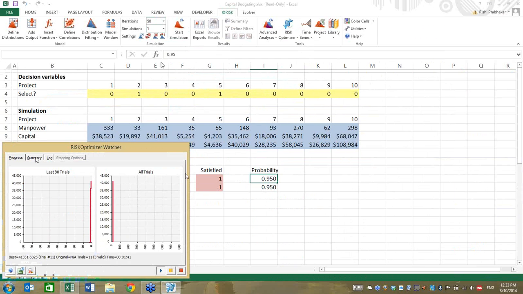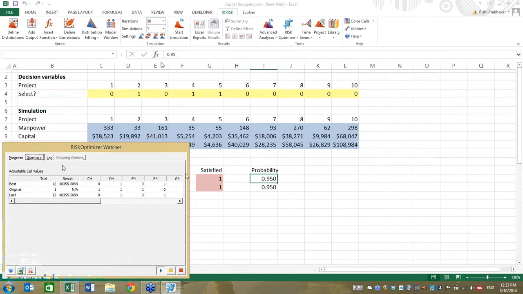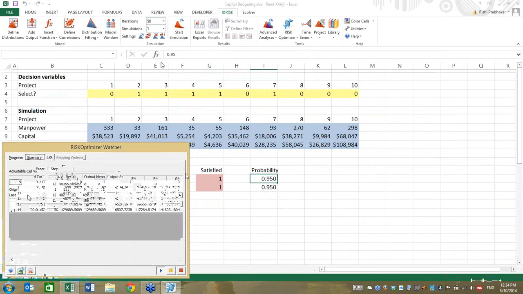As always, I can see my results as they come in. It can be quite interesting to view the progress steps to see how long it takes to find a new solution.